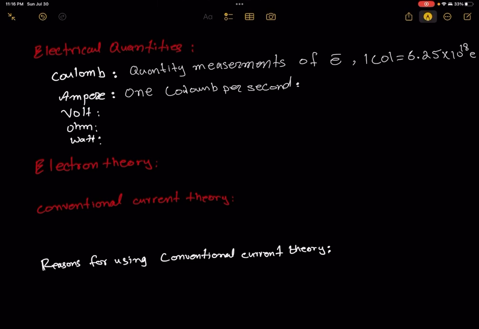Or we can say that 6.25 times 10 to the 18 electrons traveling over 1 second is equal to an amp. Okay, so that is there.